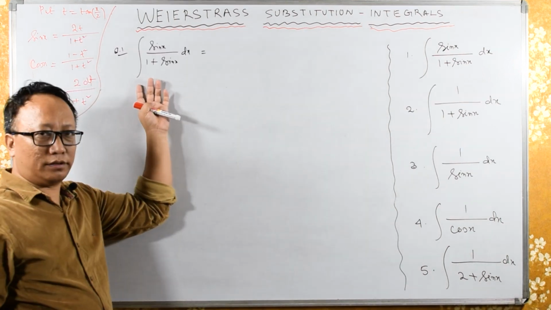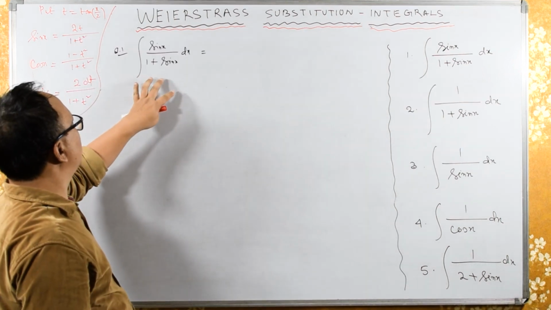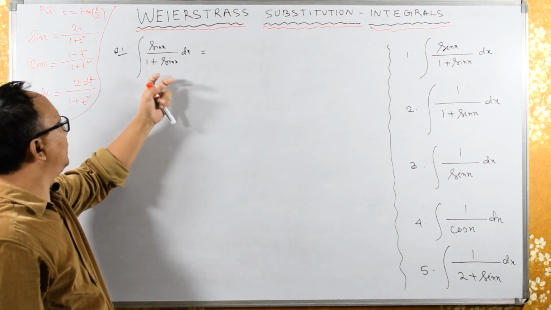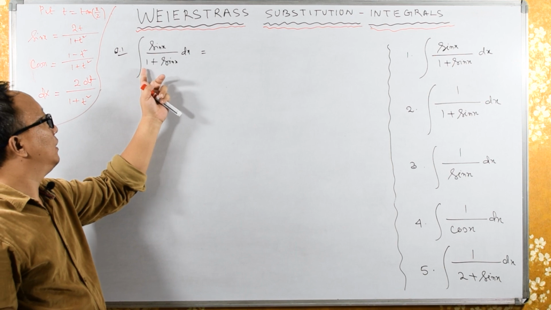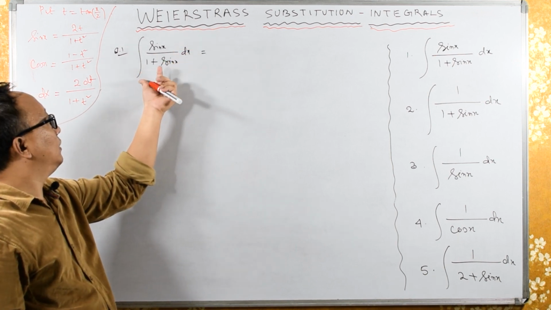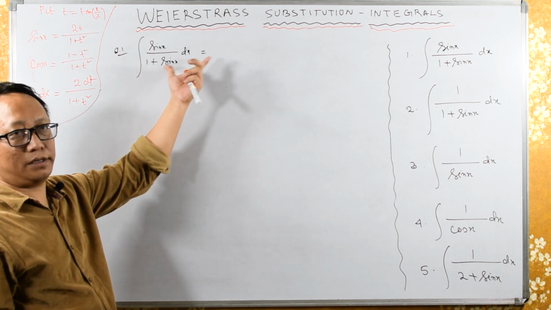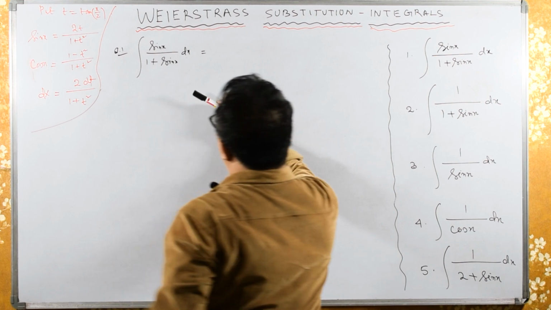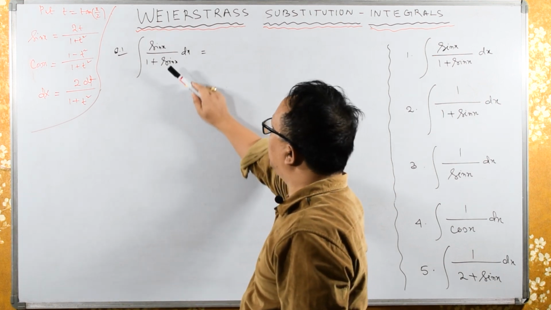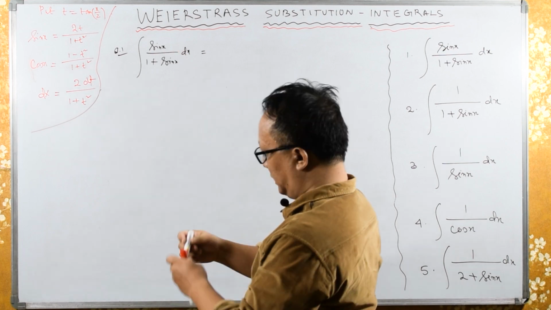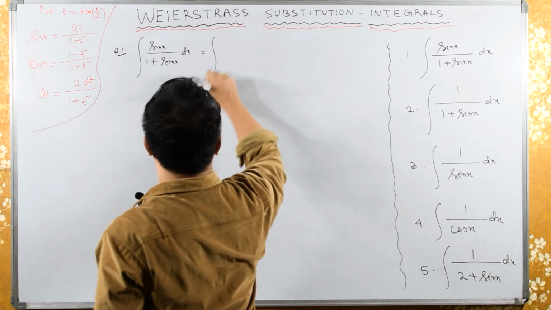Now let's solve number one. We can solve this with the help of rationalization, that is, multiplying numerator and denominator by 1 plus sin x, and then splitting the terms. Otherwise, since we have 1 plus sin x, two terms in the denominator and only a single term in the numerator, let's generalize like this.